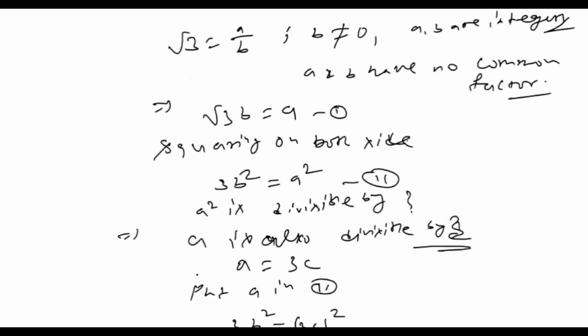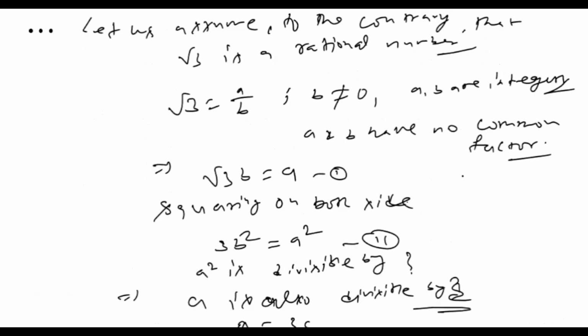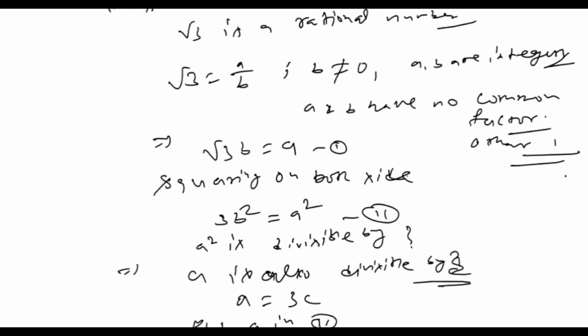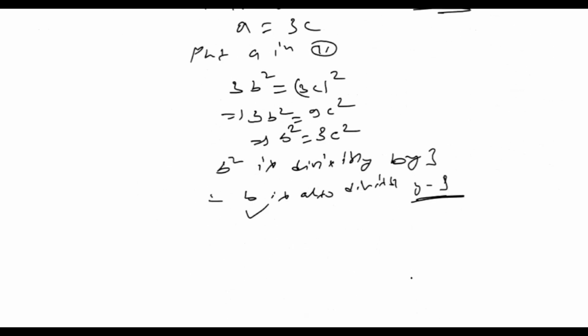Previously we assumed that a and b have no common factor other than 1. So a and b have at least 3 as a common factor.